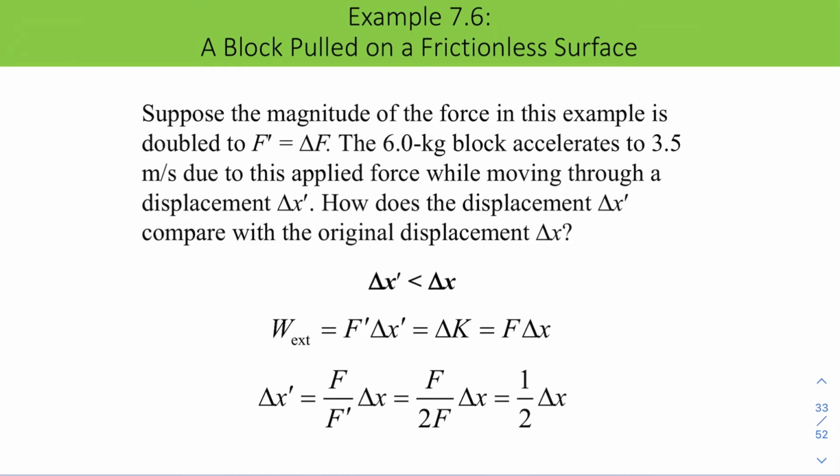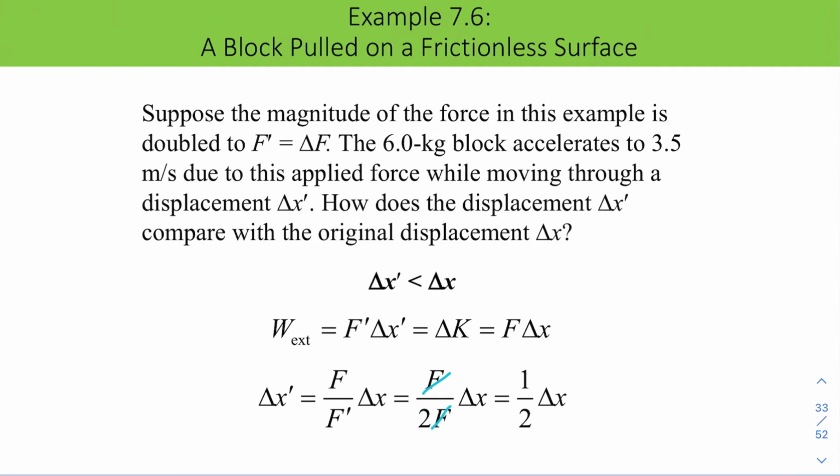Then delta x prime is equivalent to, make a ratio: A equals B, B equals C, so A also equals C. Then F over F prime times delta x. Now our F prime, given the information here, is doubled, so 2 times F original. Then we are going to have half only. Cancel out this one.